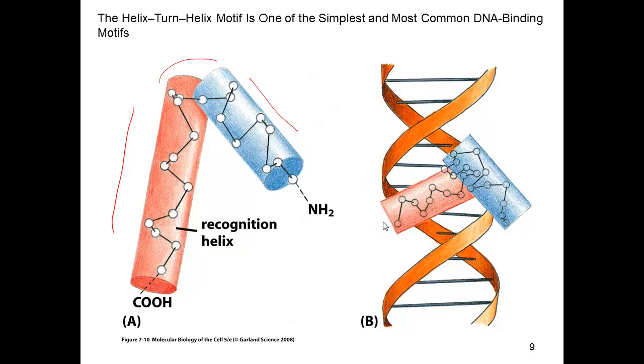These proteins do not regularly act as monomers. Here it's only making contact with at most about 6 bases, but a dimer of these, either a homodimer or a heterodimer, could interact with about 12 base pairs and start to give you reasonable specificity in terms of binding the sequence that you're interested in.